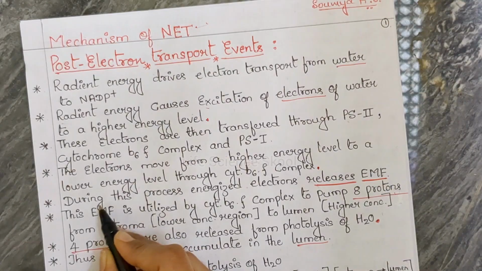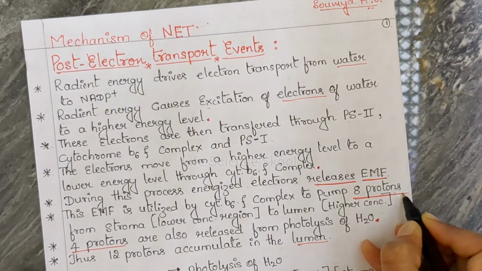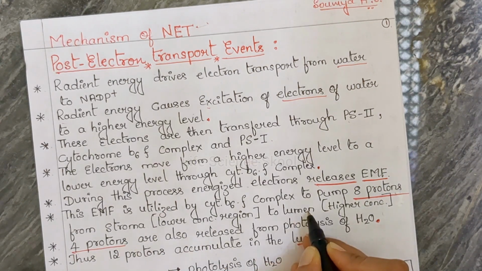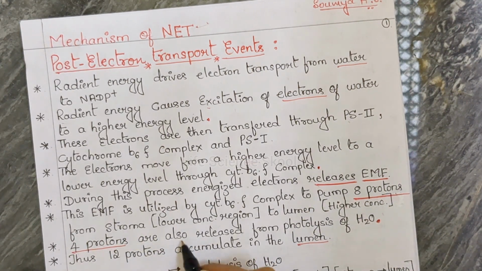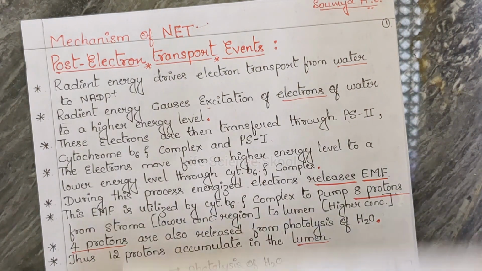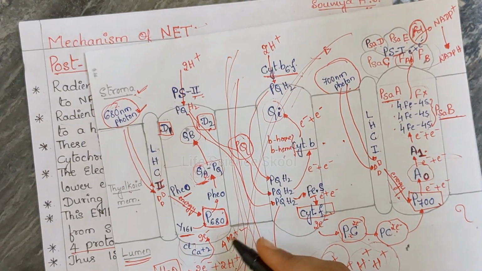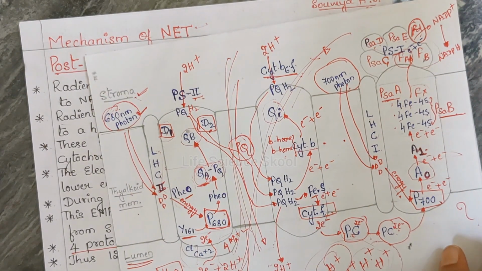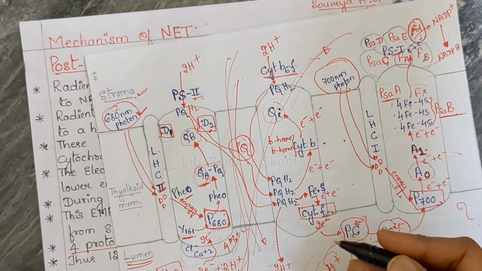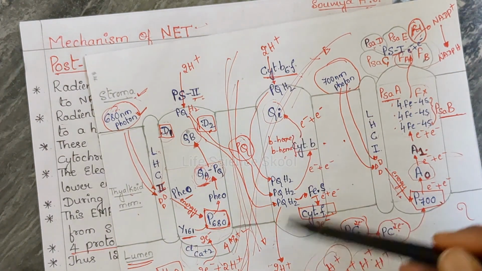This electron motive force is utilized by the cytochrome b6f complex to pump 8 protons from stroma to lumen. And 4 protons are also released from the photolysis of water. As you can see in this diagram, the electron motive force drives the movement of protons from stroma to lumen through the cytochrome b6f.